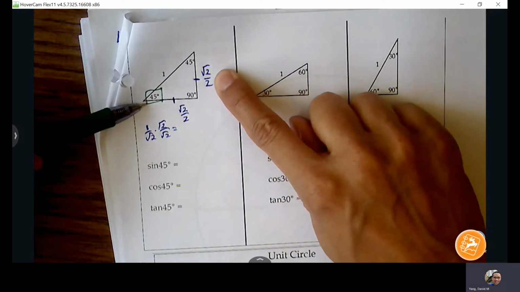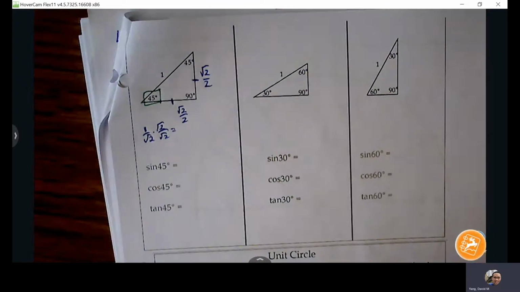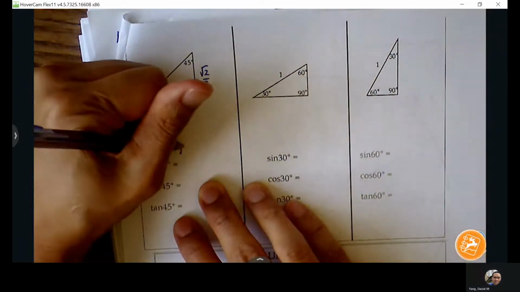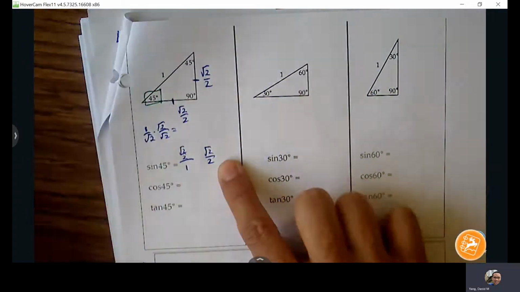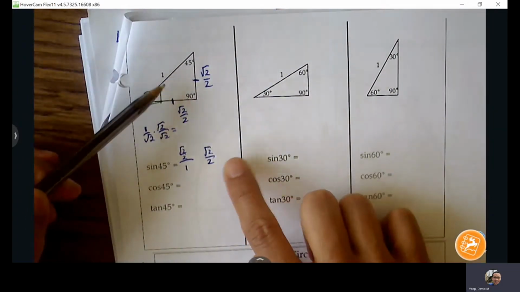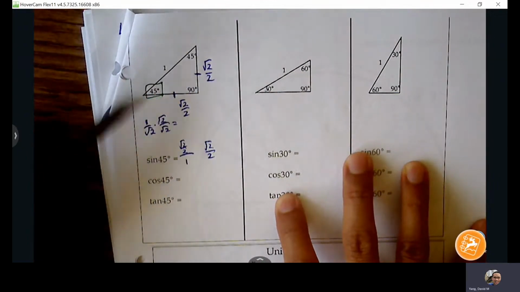Over 2, all over 1. That over 1 is just going to disappear. So it's just root 2 over 2. So having the hypotenuse being 1 is helpful.